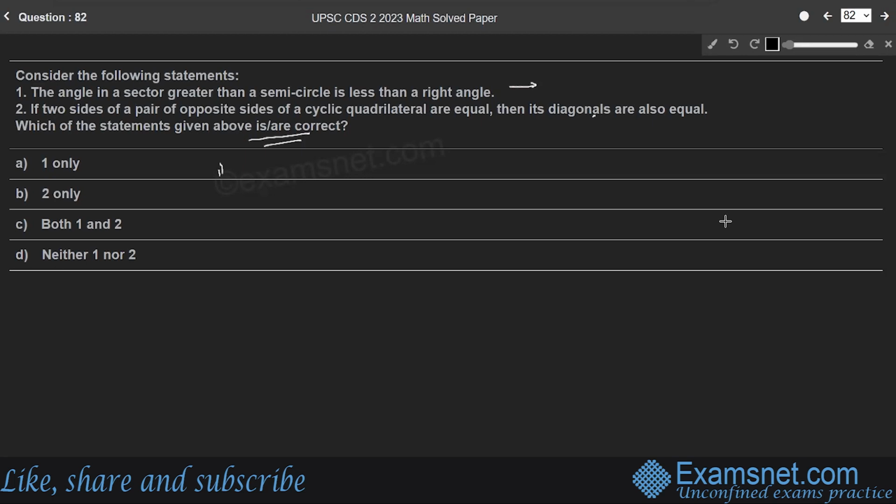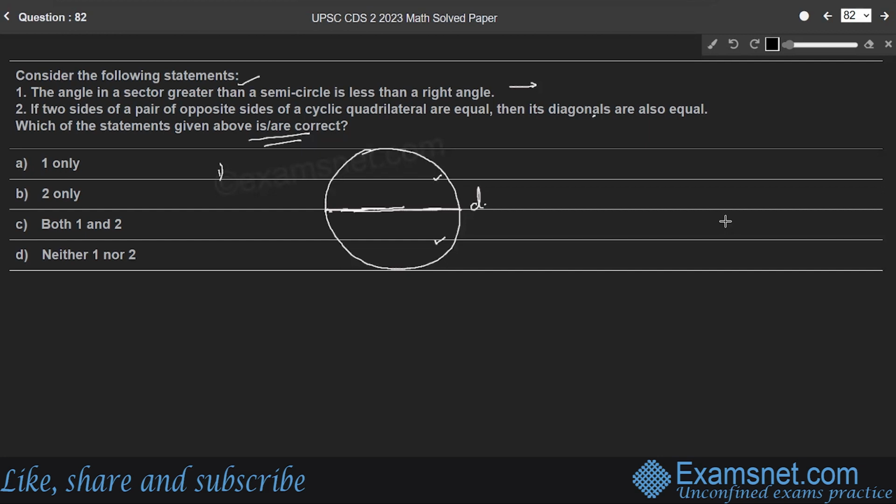For that, we'll consider a circle, right? So angle in a sector greater than a semicircle. Semicircle is this one, right? So when you draw a diameter D, these two parts are the semicircles, right?